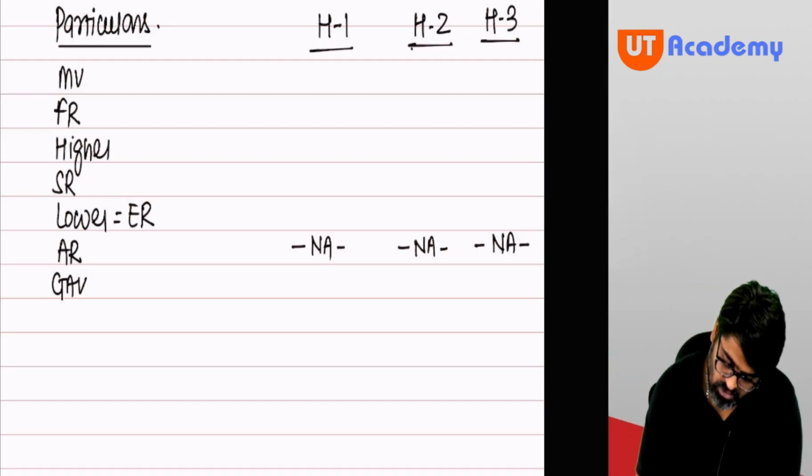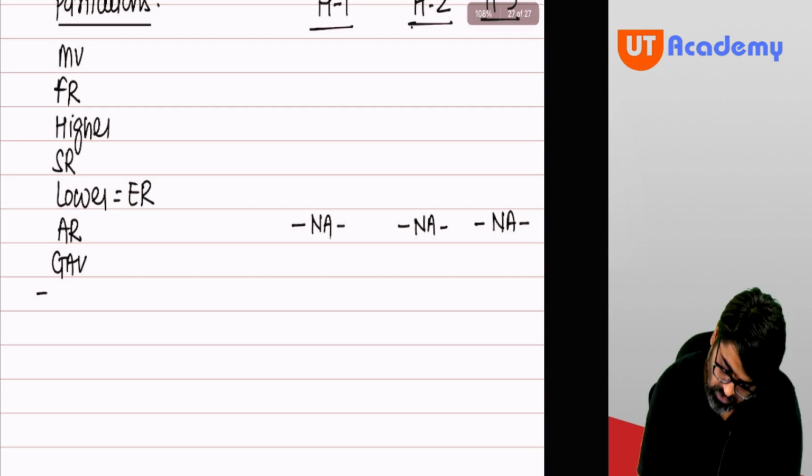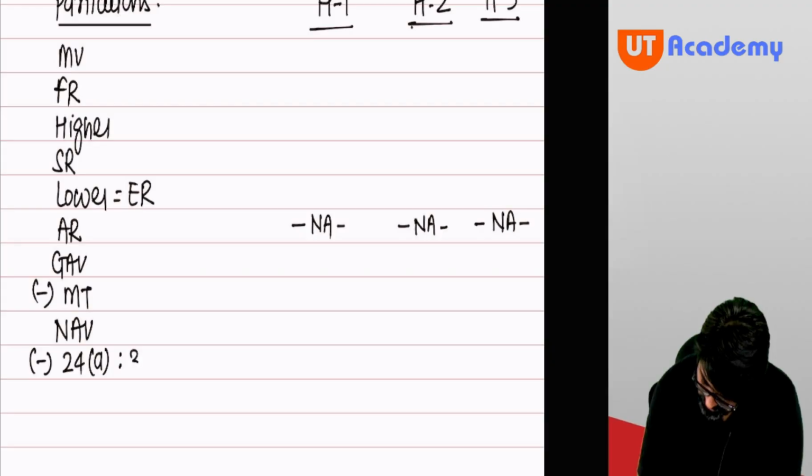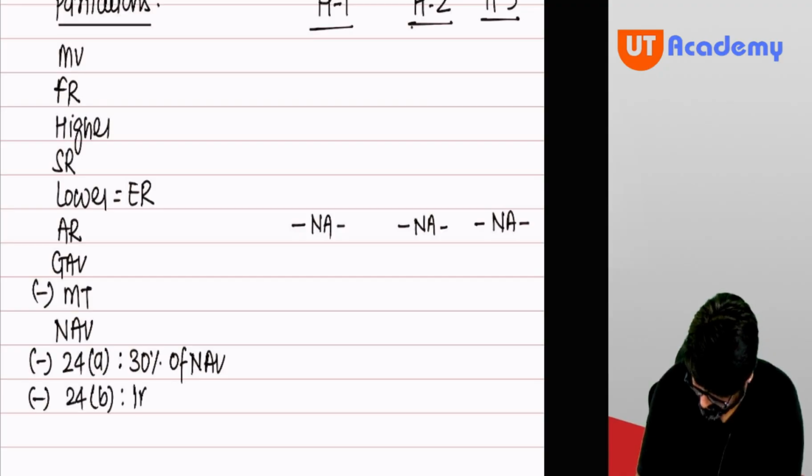Yes or no? Now out of this GAV, what I will do? Minus municipal tax. I will get NAV. Out of that, I will take deduction under section 24 clause A, 30% of NAV. And second deduction will be 24 clause B, that is interest on housing loan.